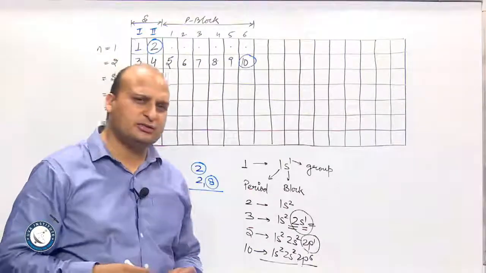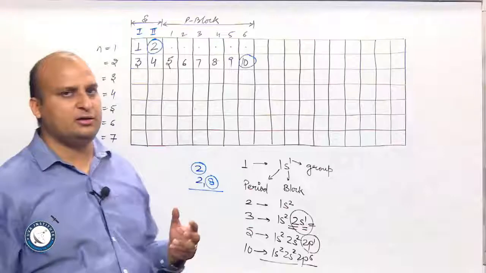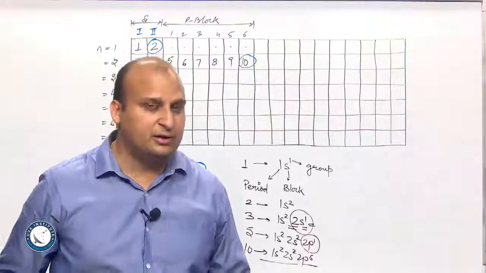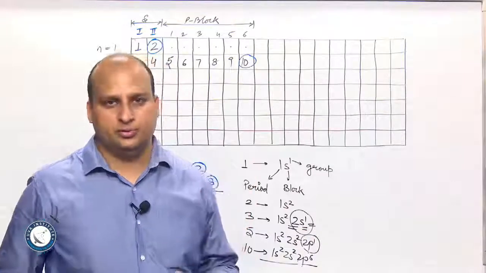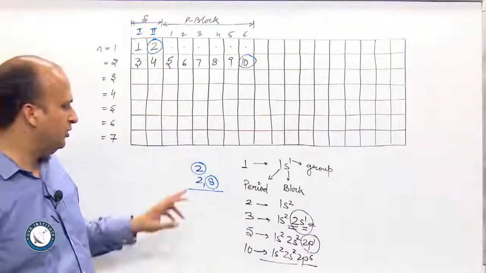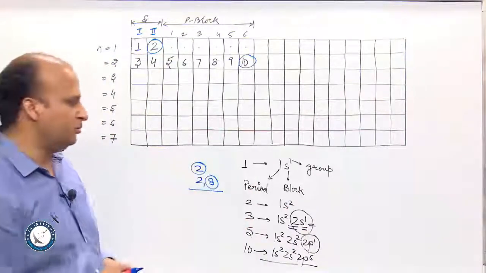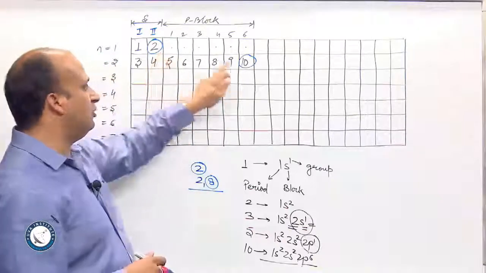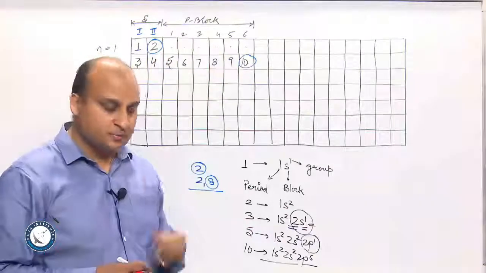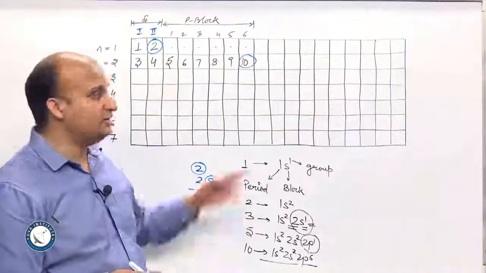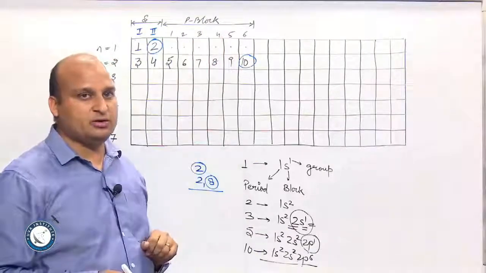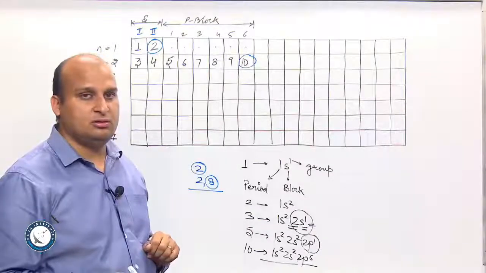If their outermost shell is complete, they will behave like noble gases, they will behave inert, and all those elements who are behaving inert should lie in one group. So 2 and 10 should lie in one group. But they are lying in two different groups. So what am I supposed to do? I need to put them in one group, which means this p block is not taken rightly. This is wrong. Let's change.